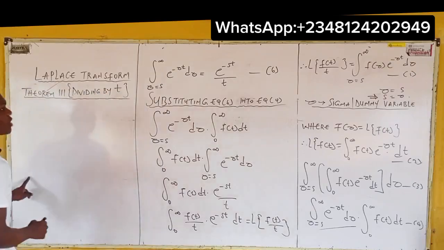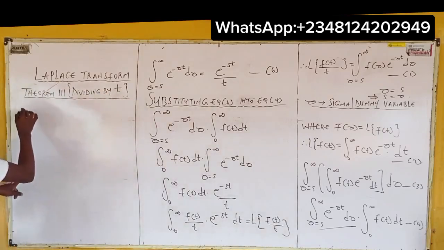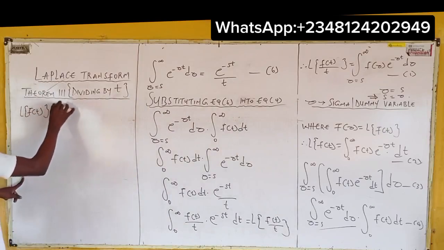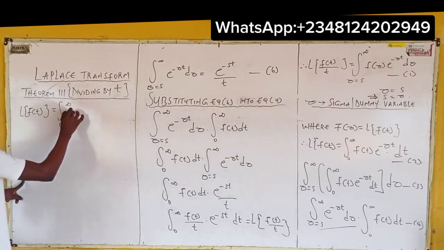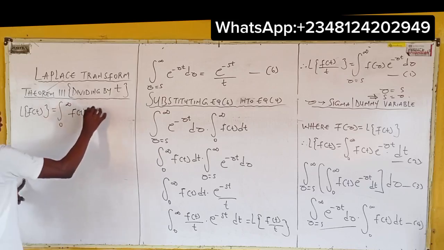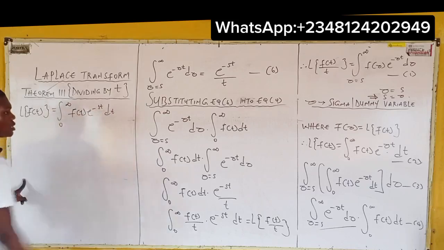Recall that the general formula that defines the Laplace transform is given as the Laplace transform of f of t, which is equal to the integral from 0 to infinity of f of t exponential negative st dt.